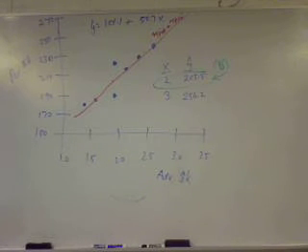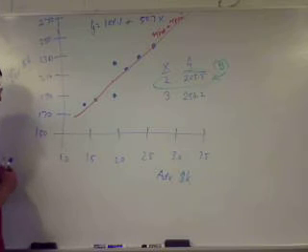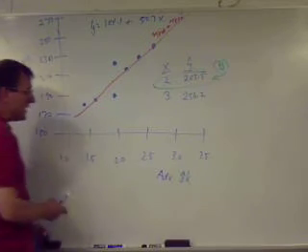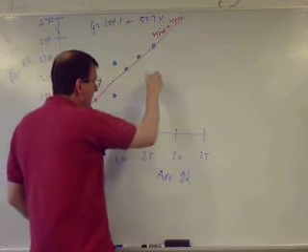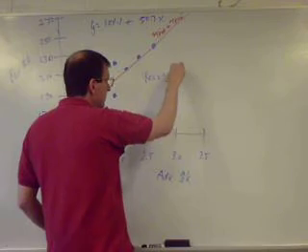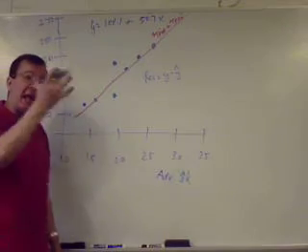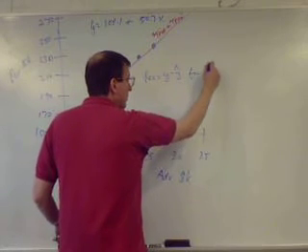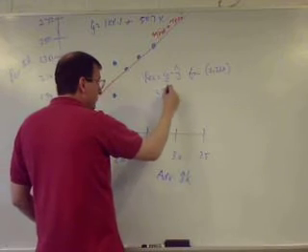Part C is, what's the residual for this observation, 2, 220? What they mean is, what is the residual, y minus y hat, when x is 2 and y is 220? Well, the y is 220.